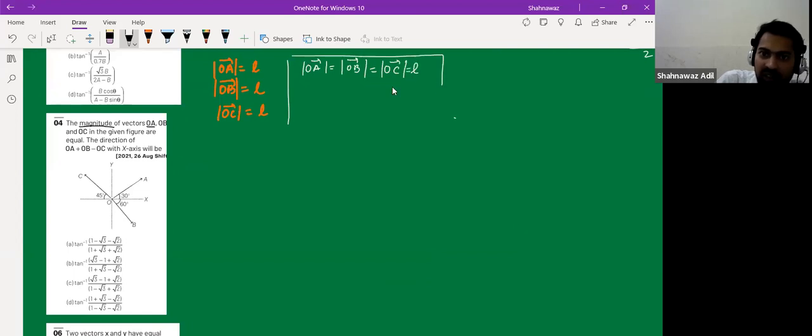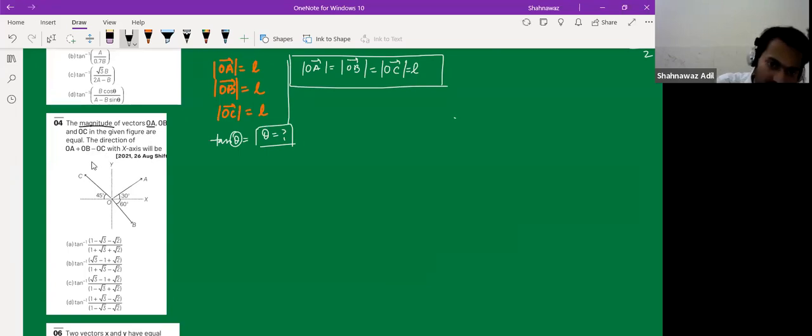And the direction of OA plus OB minus OC, so we have to find the angle theta here. To find the direction, we have to first find what is this vector, OA plus OB minus OC.